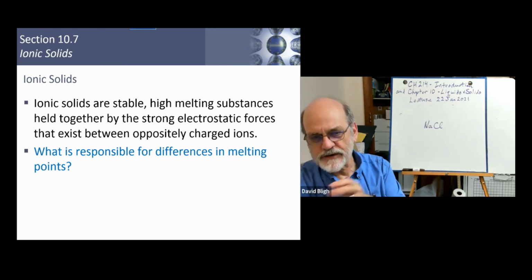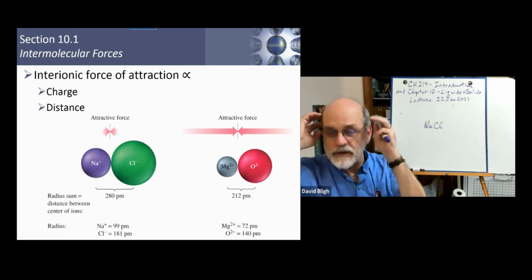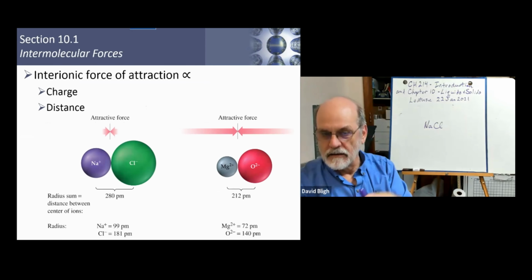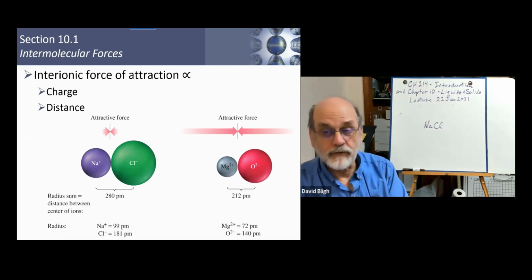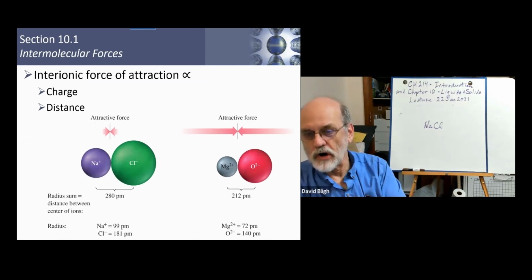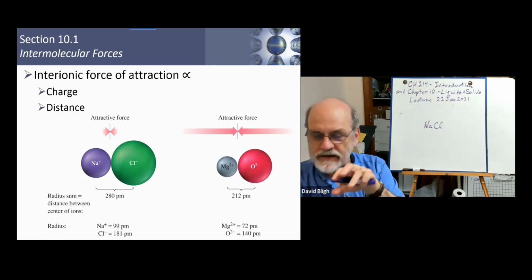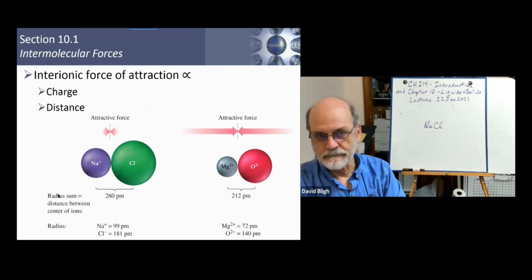So if we have differences in melting point here between two different types of ionic solids, why is it? Well, you have inter-ionic forces, so that's what holds things together. So the larger the force, the higher the melting point. So now we need to say, all right, what influences the strength of that force?